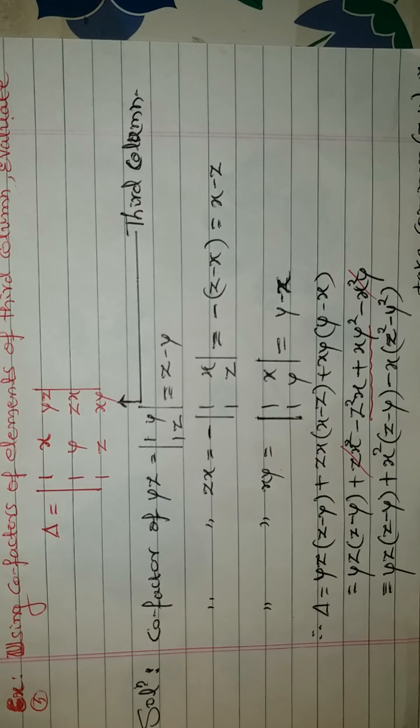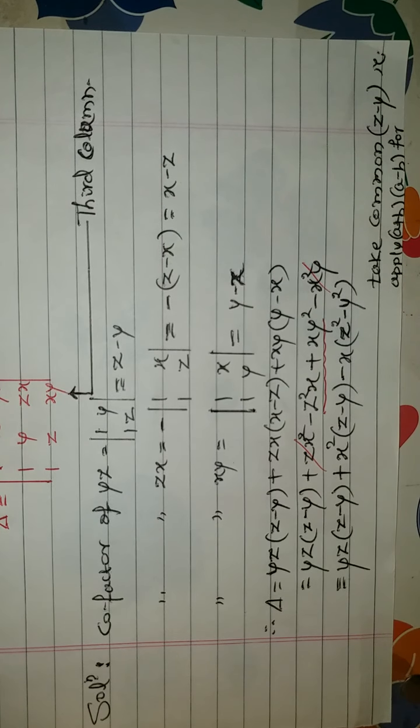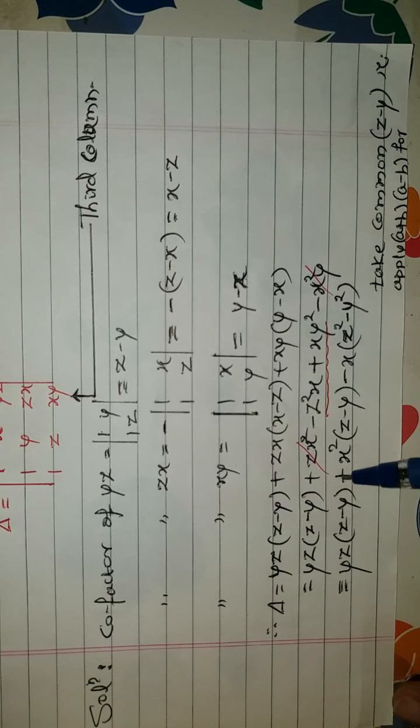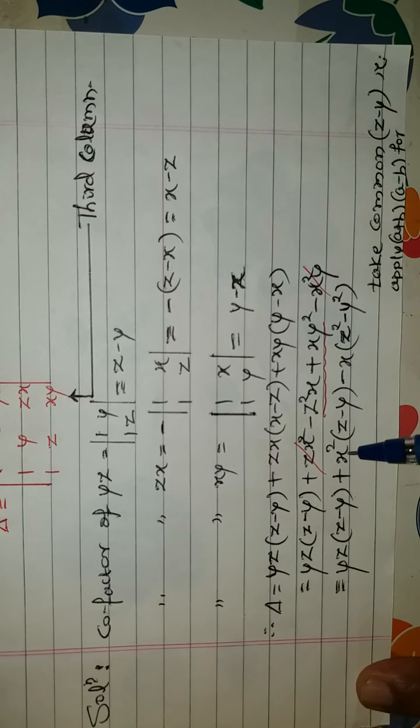That equals yz into z minus y, plus x square, take x square as common.